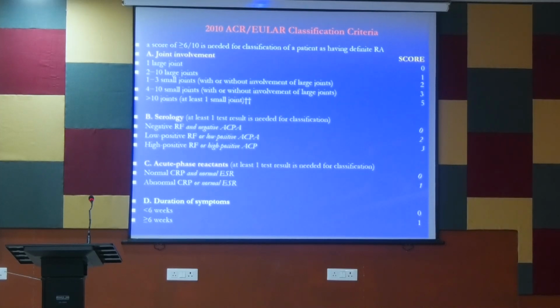So the diagnosis is rheumatoid arthritis confirmed irrespective of duration. Acute phase reactant: normal CRP and ESR is 0, high CRP or ESR is 1, and duration less than 6 weeks is 0 and more than 6 weeks is 1. So a score of 6 or more is diagnostic of rheumatoid arthritis.